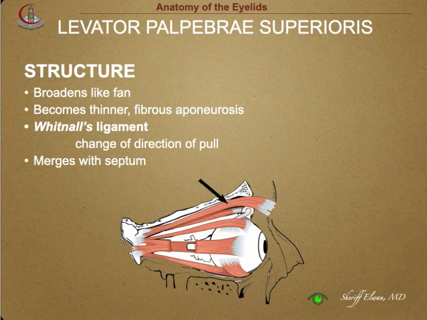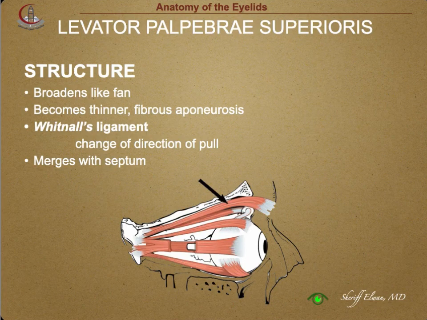Now, this muscle broadens while it passes anteriorly like a fan, becoming thinner and fibrous, changing into an aponeurosis. And the point of change is known as Whitnall's ligament, which is a very important surgical landmark where the change of fibers occurs as well as the change of direction of pull.